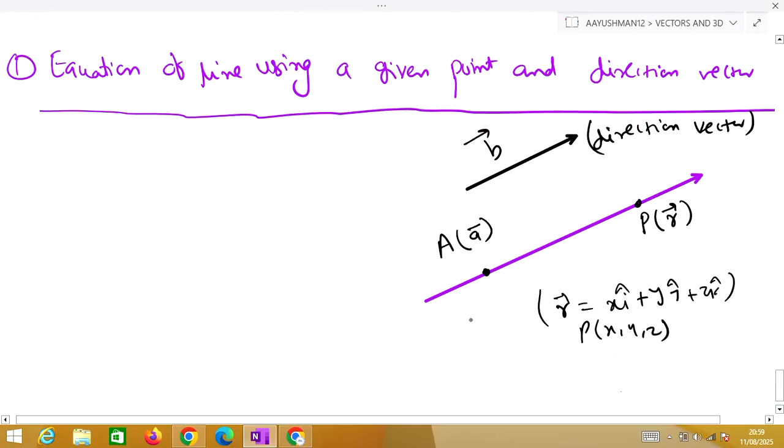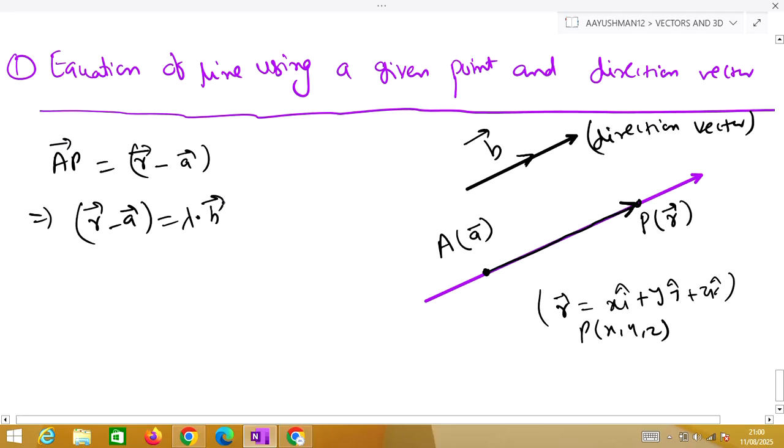Now the point A is given to us, and this P we have taken as the general point. If we write the AP vector, that is the position vector of point P minus the position vector of point A. You can clearly see this AP vector and this vector b are parallel to each other, and we know that if two vectors are parallel, we can write one vector as lambda multiple of the other. So r minus vector a is equal to lambda times vector b.